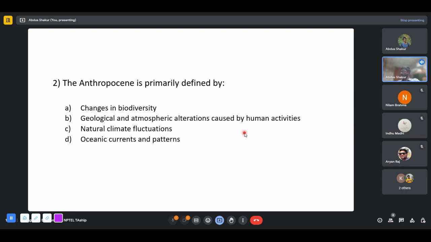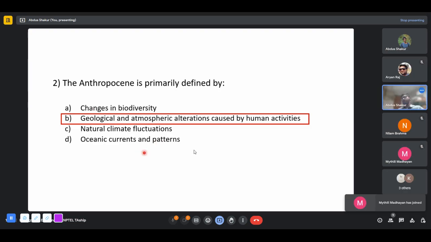The Anthropocene is primarily defined by changes in biodiversity, geological and atmospheric alterations caused by human activities, natural climatic fluctuations, oceanic currents and patterns. The answer is obviously how we are altering the geological and atmospheric conditions.